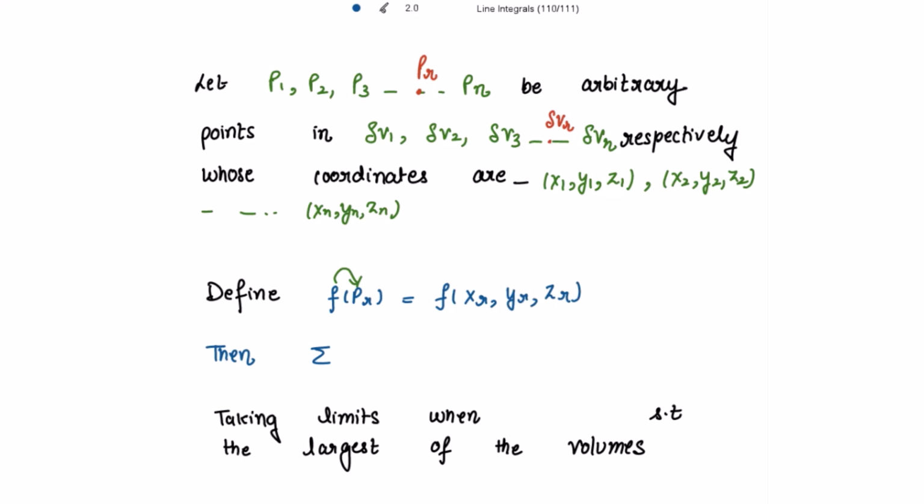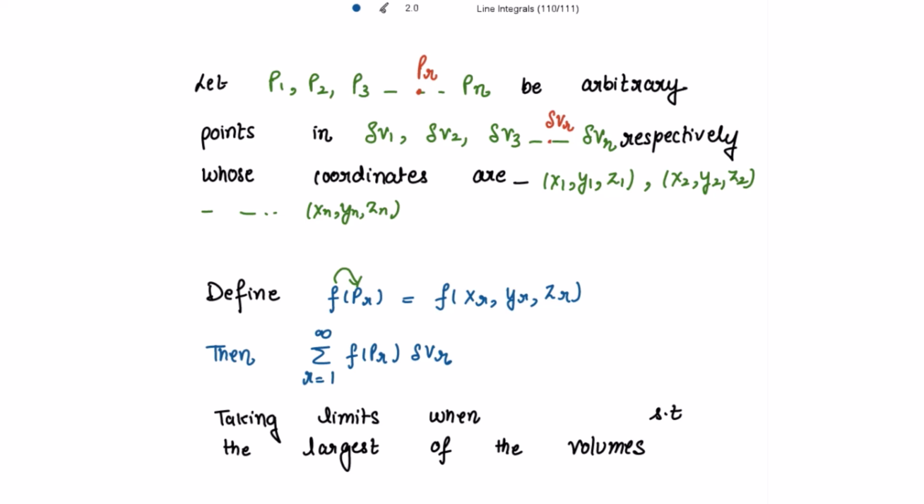Fine? Okay. And then if I take the sum of f(Pr) delta Vr, where r is starting from 1 to infinity, that is, if I am having an infinite number of arbitrary points, then all those points are in the infinite number of elements of volumes, right?